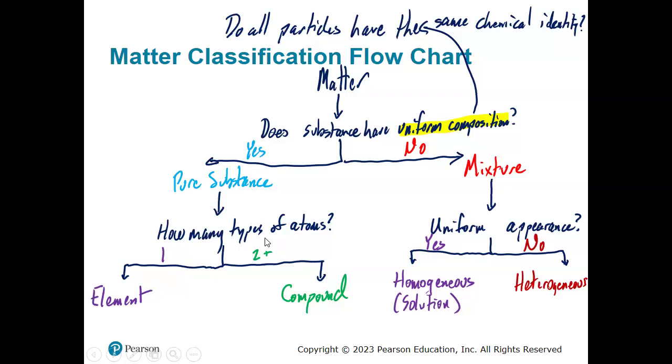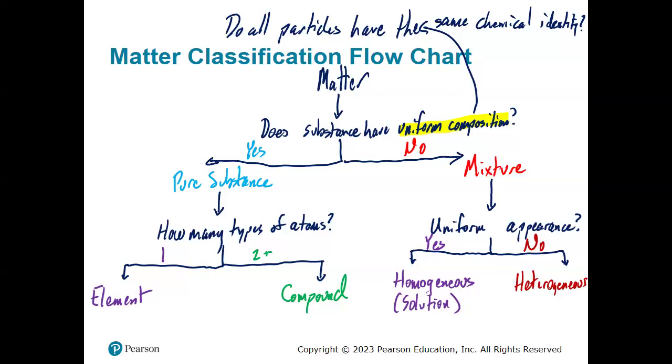And then from there, we looked at, well, what makes pure substances stand out from each other? Well, how about what they're composed of? Are they made up of one kind of material, one kind of atom, and are elements? Or are they made up of multiple atoms and are compounds? And on the mixture side, do they have uniformity of appearance, where I can't tell one component from the other?